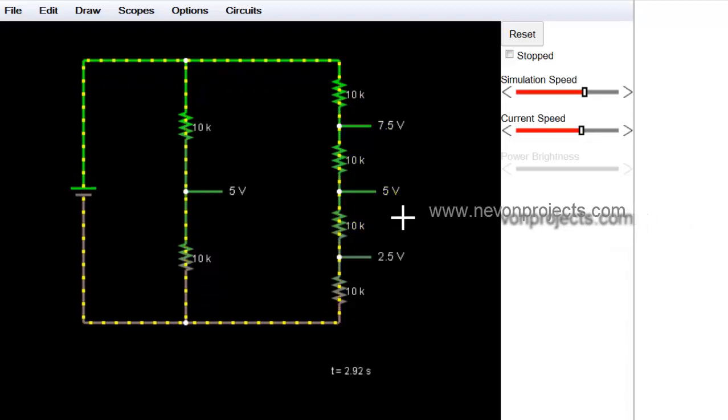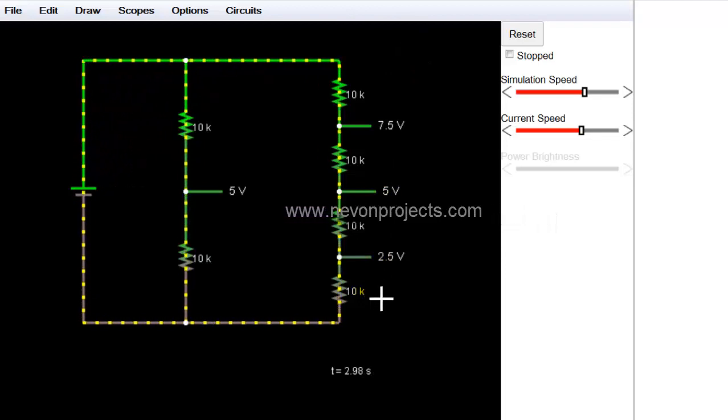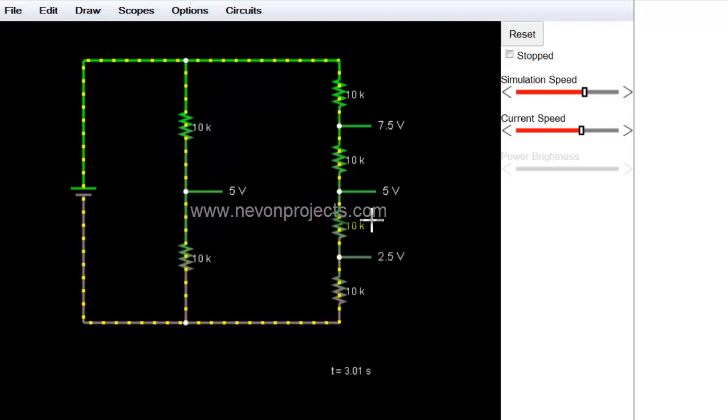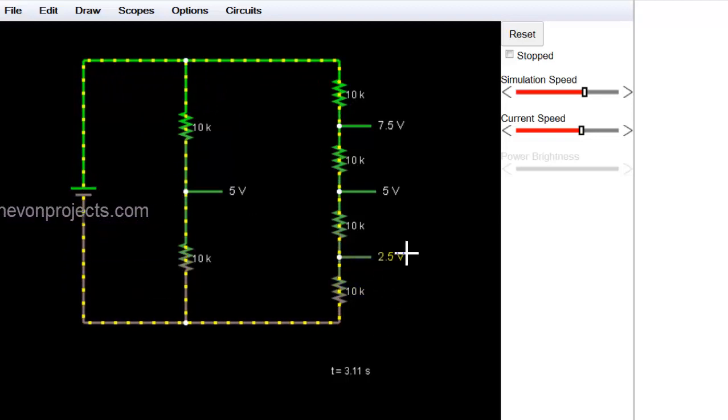We can calculate the voltage over here as 10 into the resistor, that is 10k, divided by 10 plus all these 3, that means 30, that means 40k. So what we get is 10 divided by 4, that is 2.5 volts. So what we get is correct. This was how the potential divider circuit works. Now let us move on to the next section.